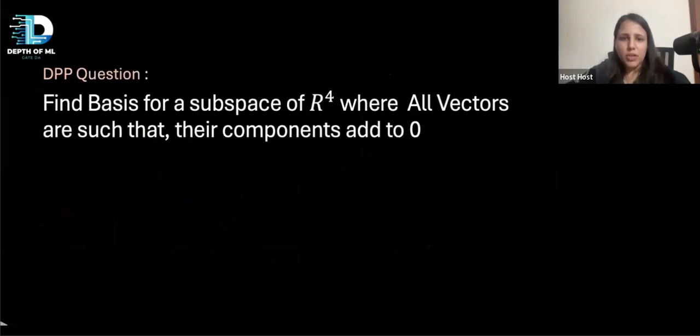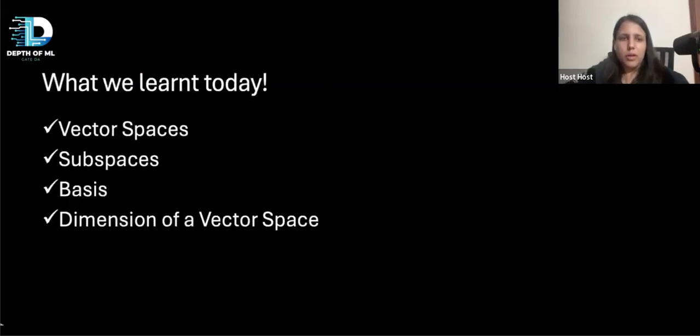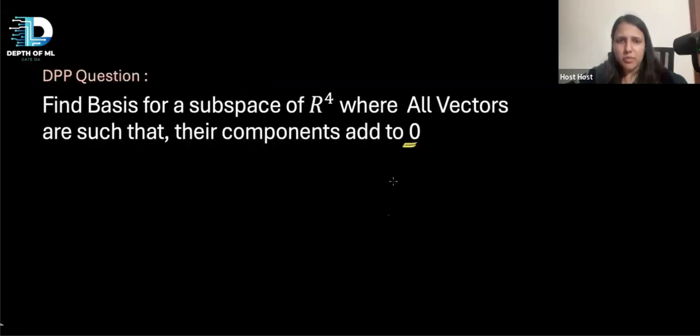This is your daily practice problem. You have to find a basis, and we'll do this tomorrow, of a subspace of R4 where all vectors are such that their components add up to 0. This is similar to the question that we did.